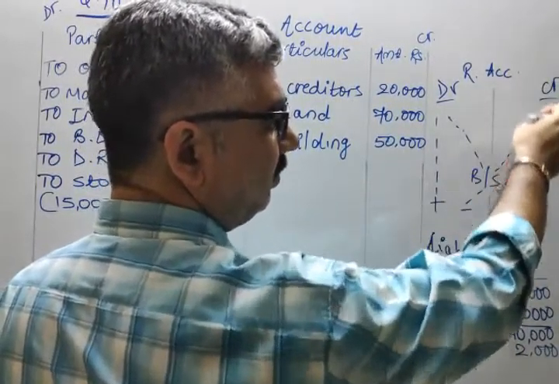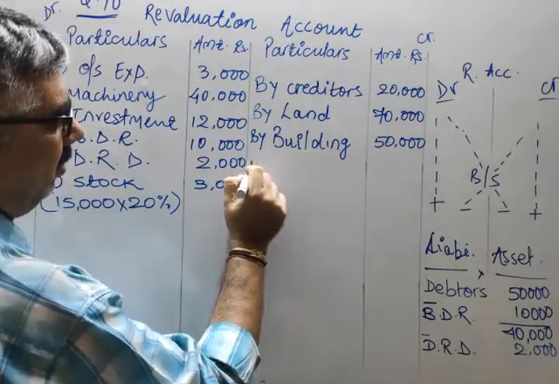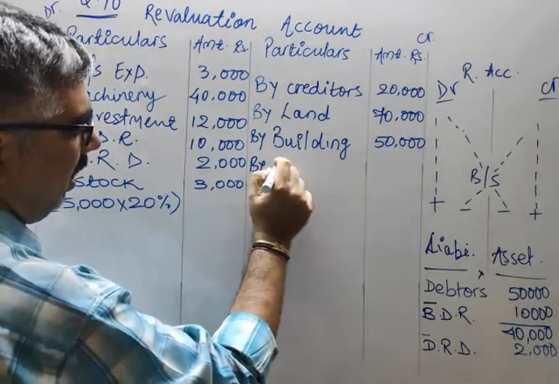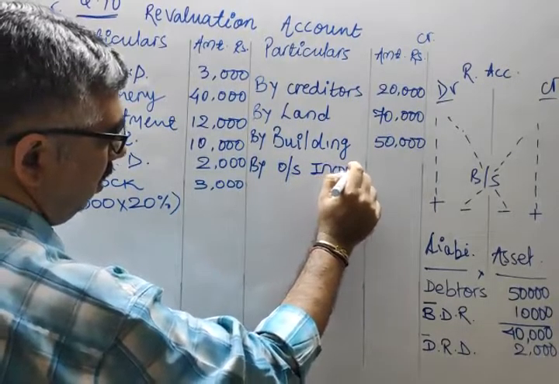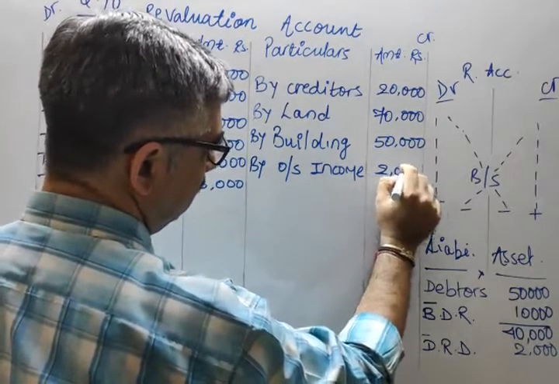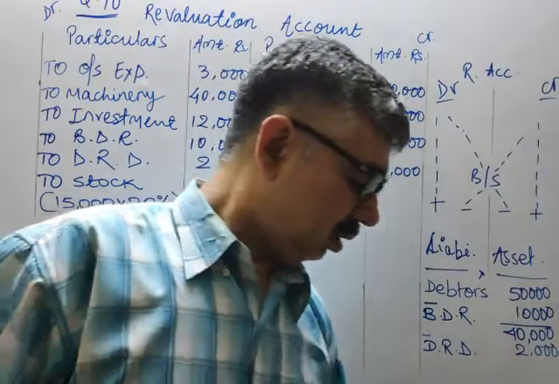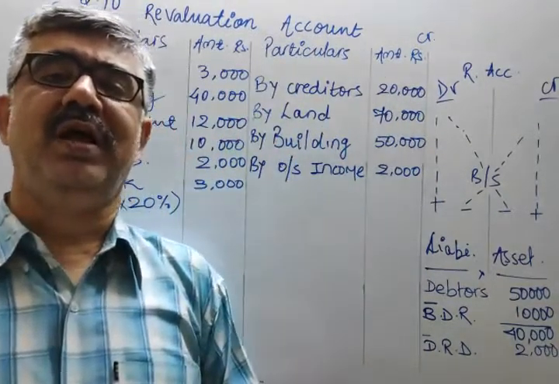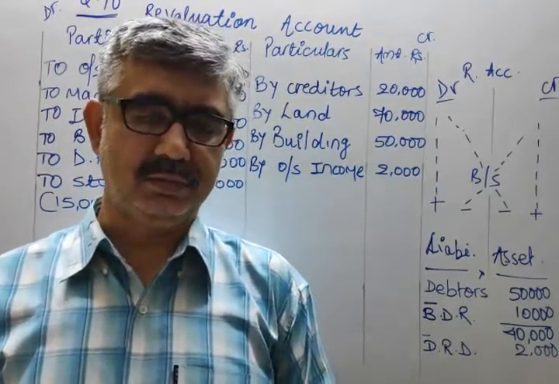Plus always straight. So on the credit side, by outstanding income, rupees 2,000. Here we end all the adjustments which we ticked out in our balance sheet.